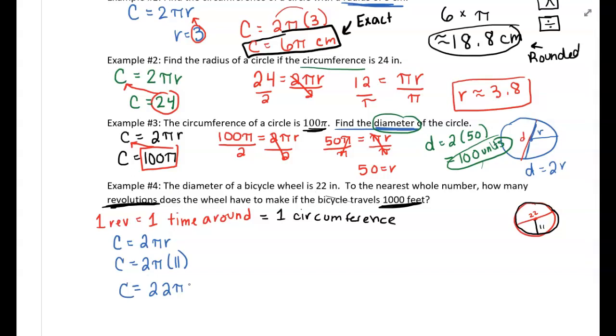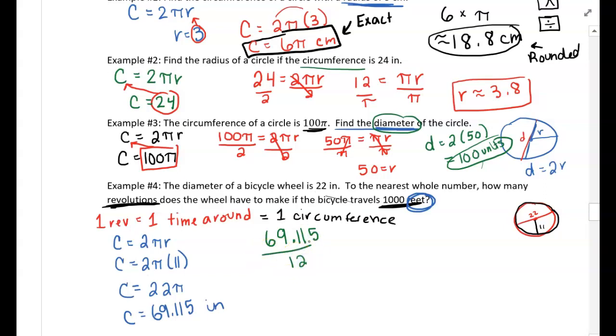That's 69.115 roughly. So C equals 69.115, and that is inches. Notice this is feet, but this is in inches. We want feet. So to convert this to feet, I can take 69.115 and divide it by 12.